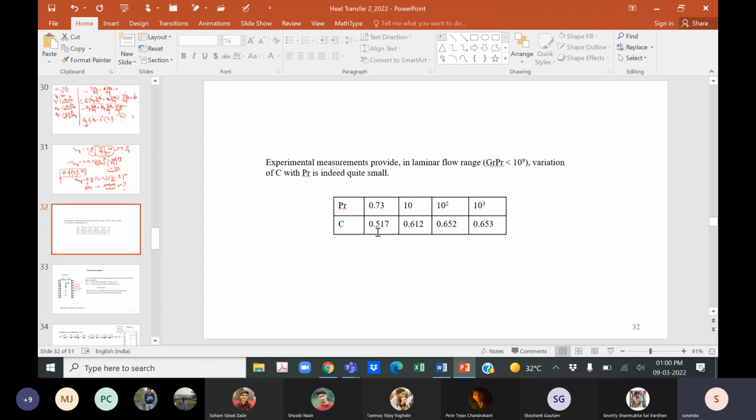Whatever I have said over here, you could see that the departure becomes significant as the value of Prandtl number is reduced. Can you name some fluid for which the Prandtl number is very small? What class of fluids will have a very small Prandtl number, and that has a significant, tremendously important industrial use?